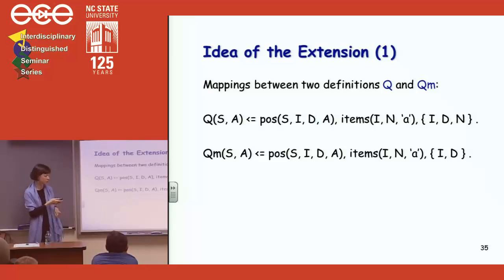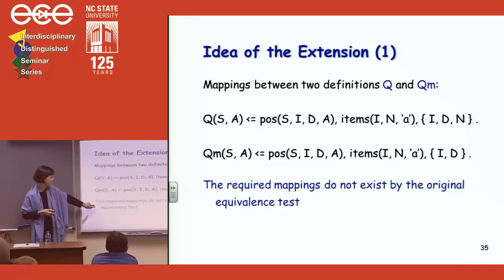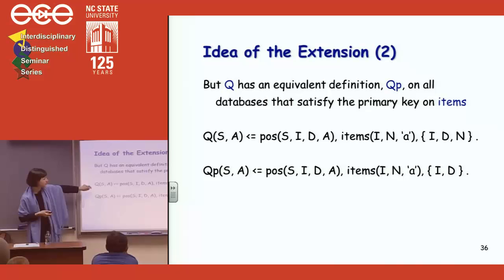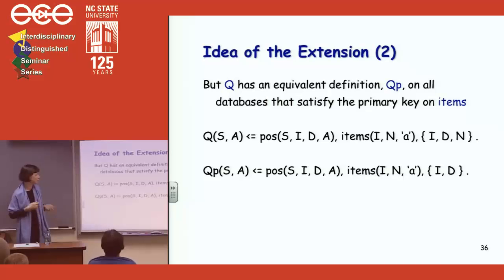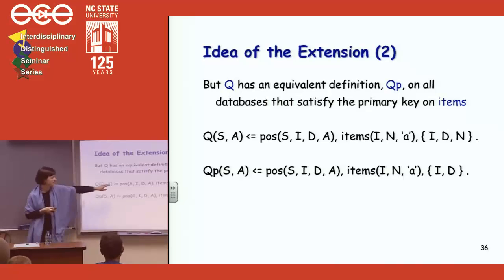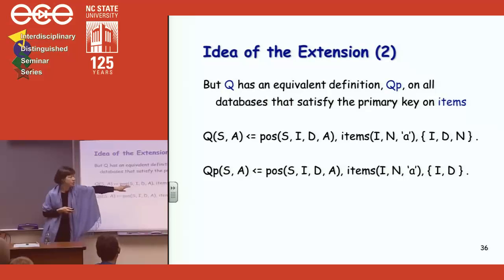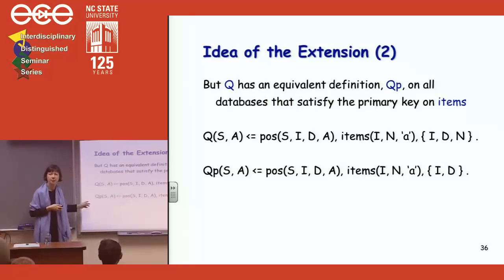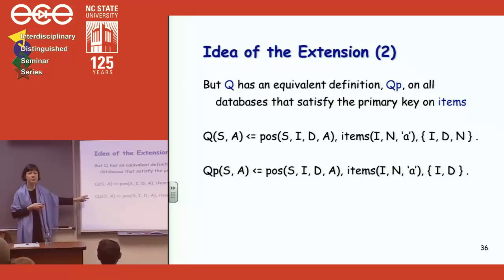So how can I do this formally? The required mappings don't exist by the original equivalence test. The curly braces have to be the same. So on all databases, it doesn't work. But it turns out that when you use, without knowing the meaning, this primary key information, so the values of name don't change independently of the values of item ID, then you can formally remove name from the curly braces.